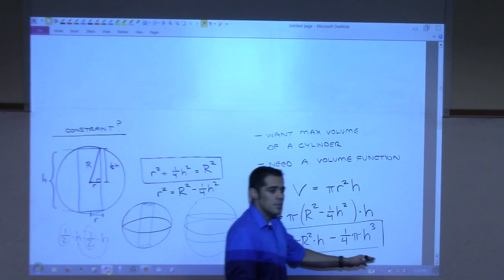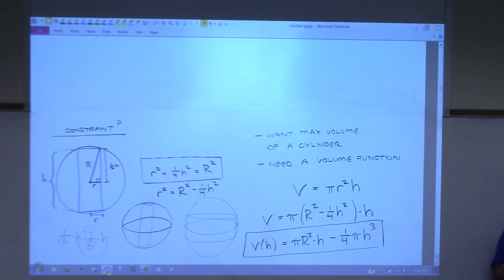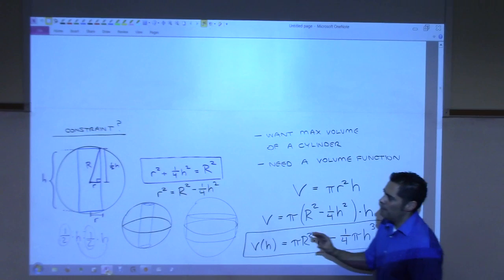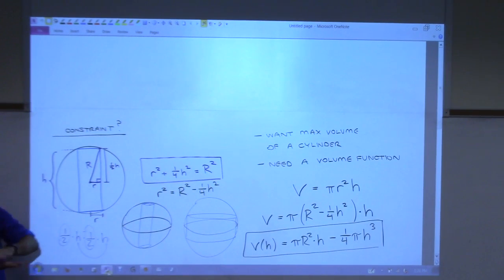This is a function of h. So when I'm talking domain, I'm saying what are the restrictions on h? So what is the smallest h could possibly be? 0, right? If h is 0, you actually won't have a cylinder. It'll just be a flat circle, a flat sheet. Actually, it won't be anything, right? So 0 would be the absolute smallest h could be.